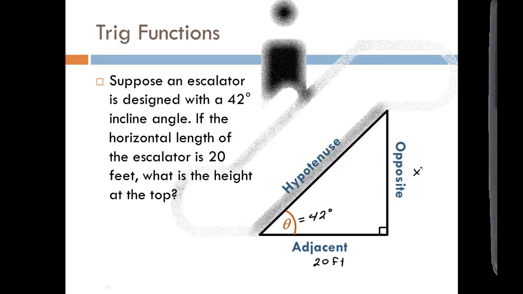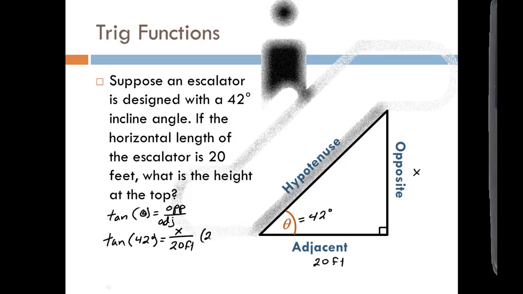What trig function gave us a relationship between the opposite side and the adjacent side? That was tangent. The tangent of our angle theta is equal to the opposite divided by the adjacent. So the tangent of the 42-degree angle equals the length of the opposite side, which is x, divided by the adjacent side, which is 20 feet.